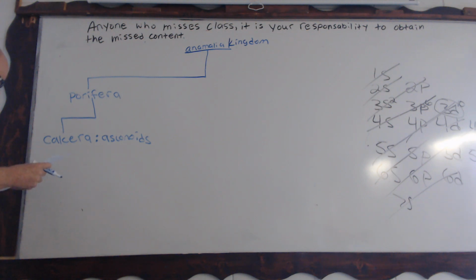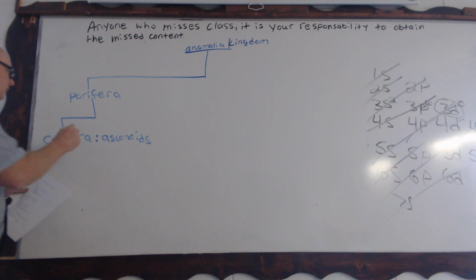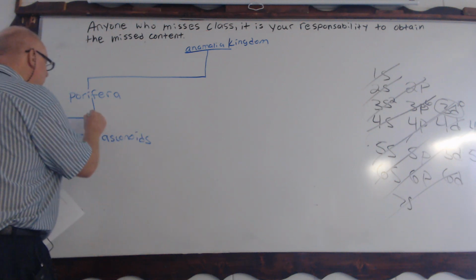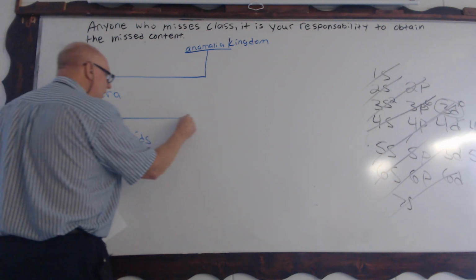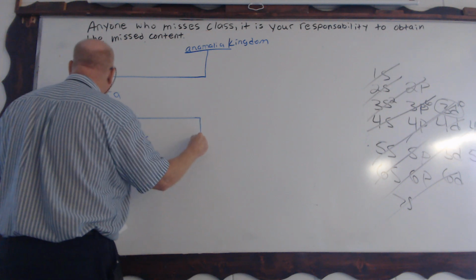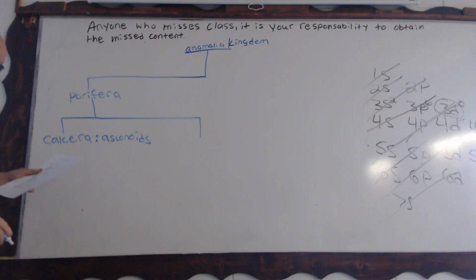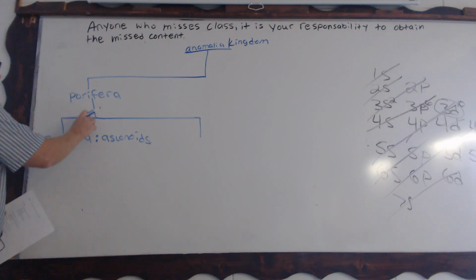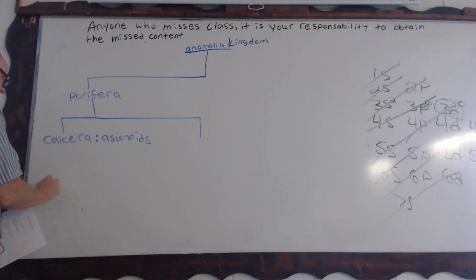And then, let's see here. I don't want to run us totally out of time either. Okay, so we're still in the same phylum. I guess we would have to extend this down because we want to stay in the same class.